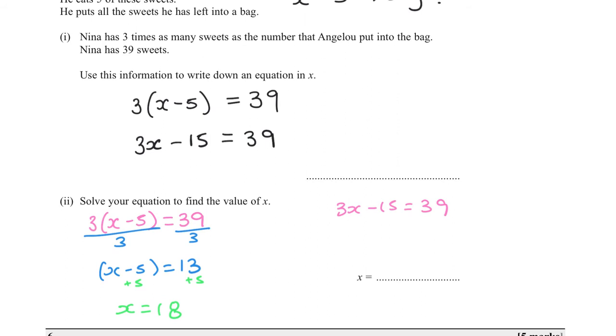Or, if I look at the other one, I can add 15 to both sides to get 3x equals 54. And then I can divide both sides by 3, and x will equal 18. As you can see, there is no right or wrong way. What I love about this is algebra and manipulation. As long as you manipulate correctly, everything is fine. So, well done for that one.